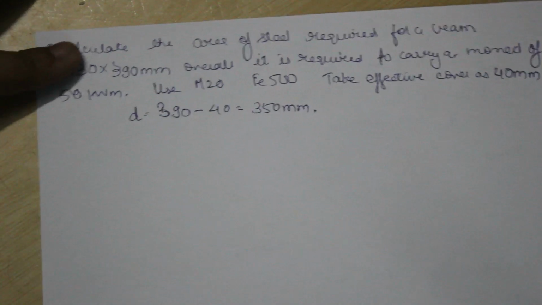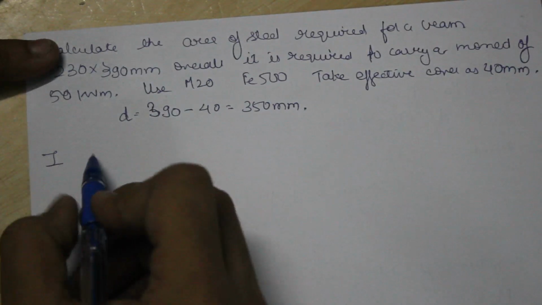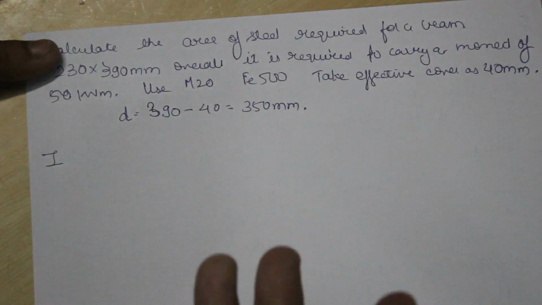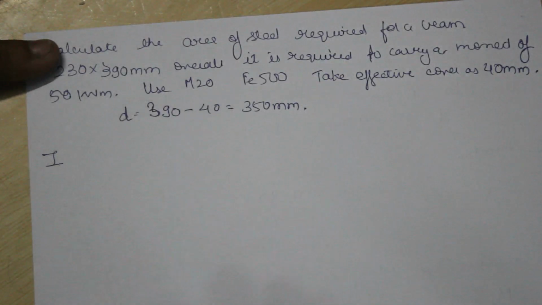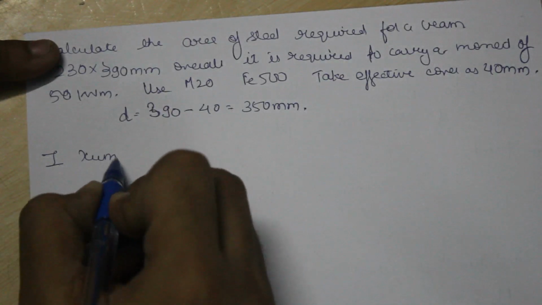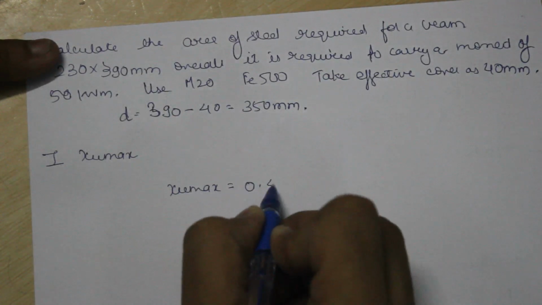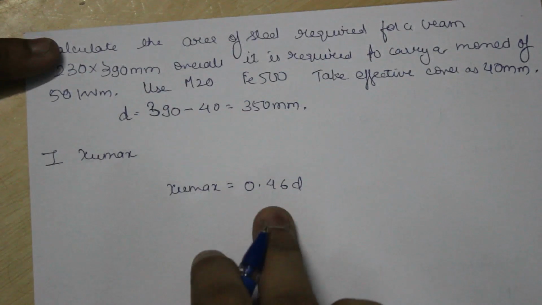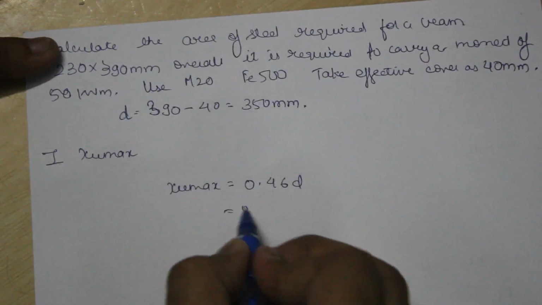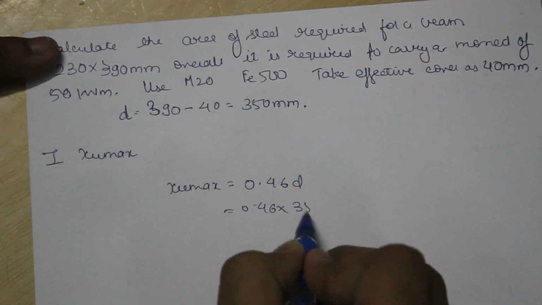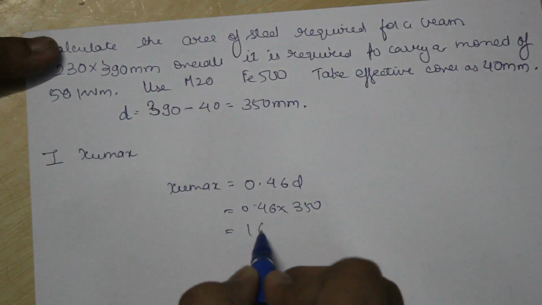So let's start off with the problem. The first step always would be to calculate the value of limiting depth of neutral axis, which is Xumax. Xumax equals 0.46 D for Fe500 steel, which is 0.46 multiplied by 350, which will give me 161 mm.